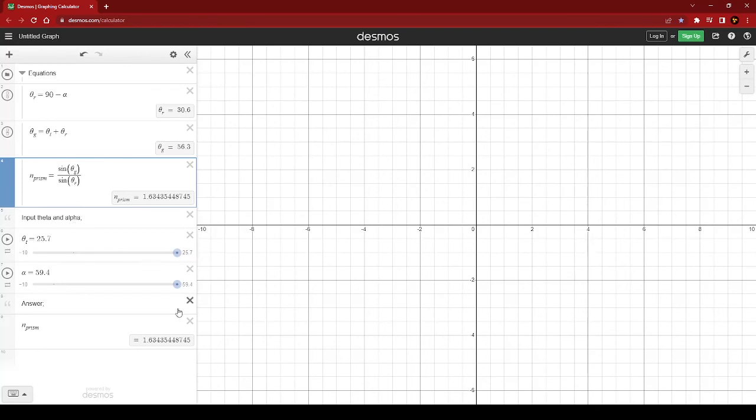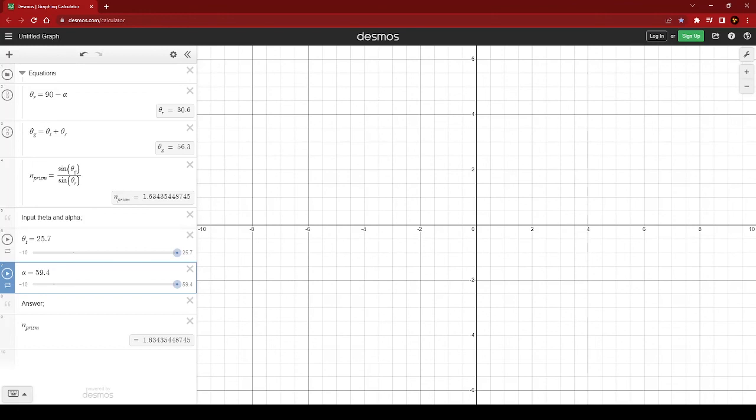And if we input our theta and alpha, if we look back at our problem, theta is given as 25.7 and alpha is given as 59.4. So it's giving us an answer of 1.6343.